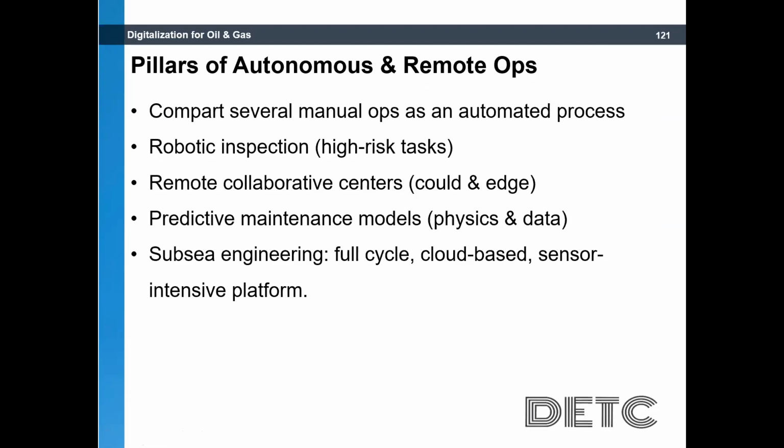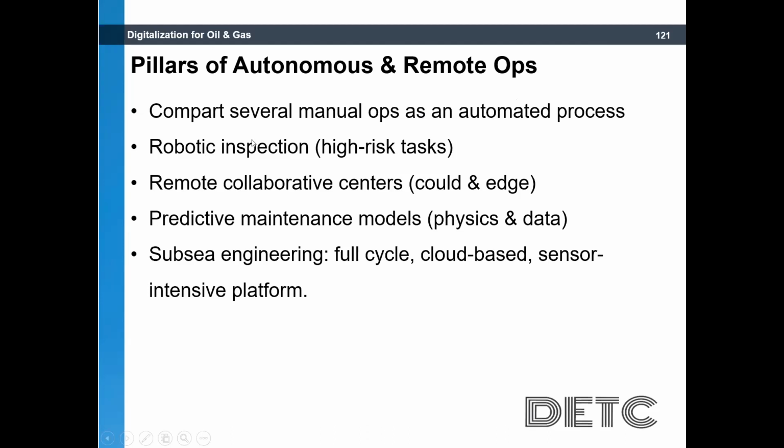The pillars of autonomous and remote operations are as follows. When you carry out automation, you need to categorize the several manual operations as automated processes, and the use of robotic inspection for high risks.